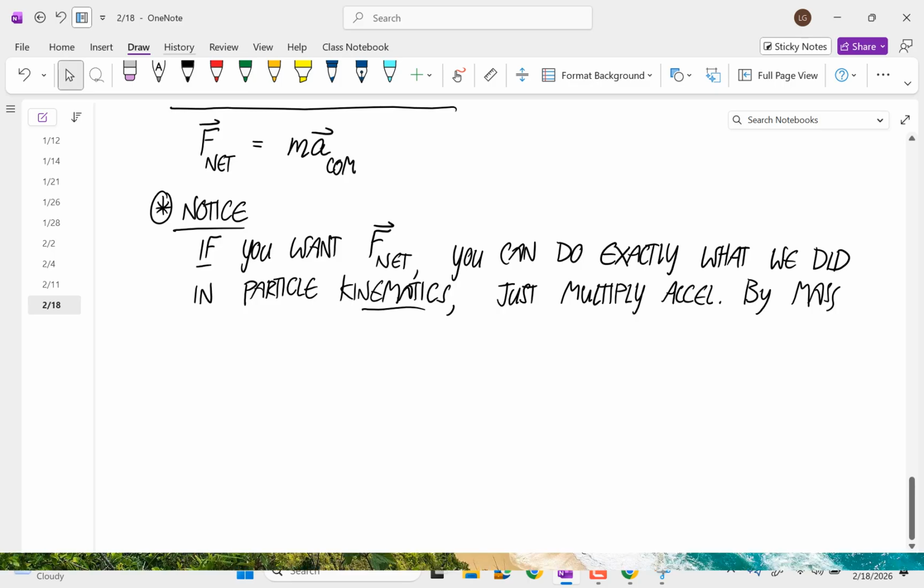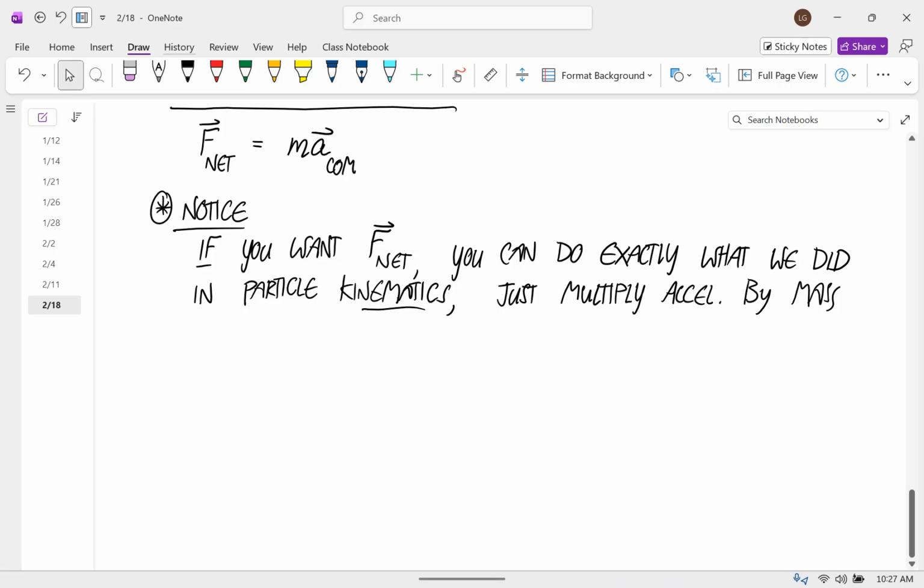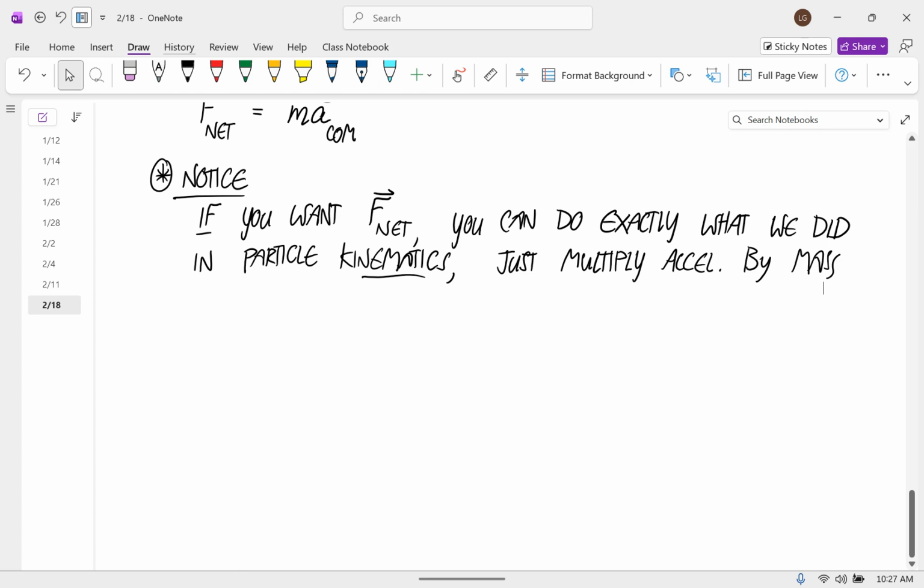Usually though, we're trying to calculate individual forces or use individual forces to figure out stuff about the motion. So remember that I talked about forces with unknown directions and forces with known directions. There are going to be two forces we're going to deal with with known directions.